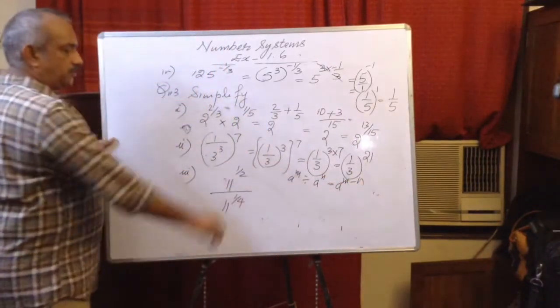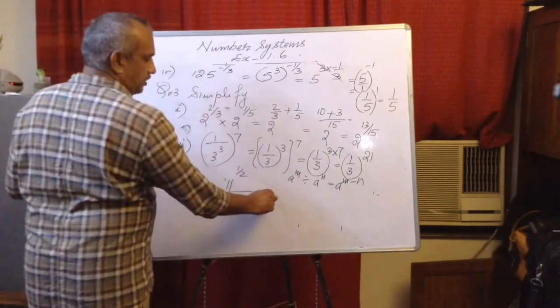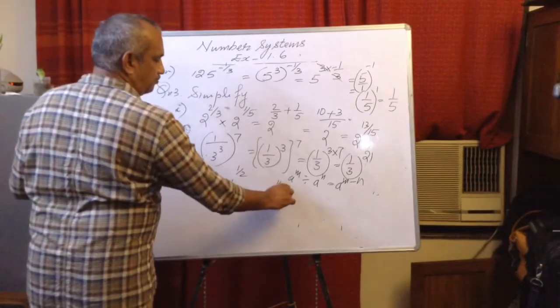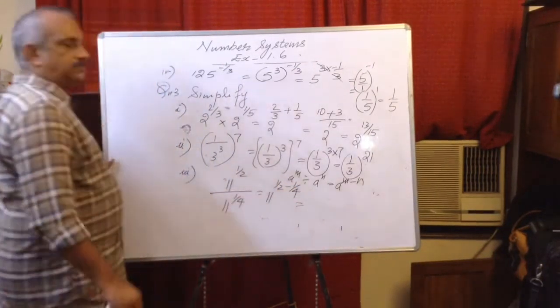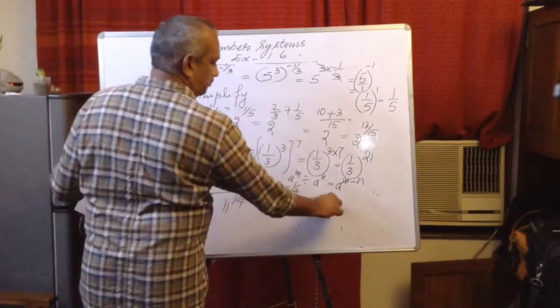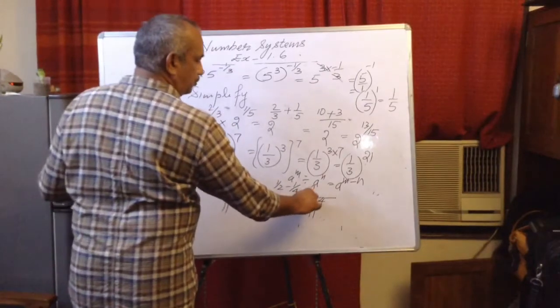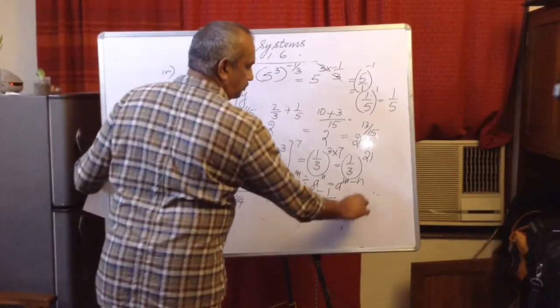So here division only, upon or division sign same only. So this will become 11 raised to 1 upon 2 minus 1 upon 4. Now taking LCM you have to subtract. So 11 raised to LCM is 4, 2 minus 1. So the answer is 11 raised to 1 upon 4.